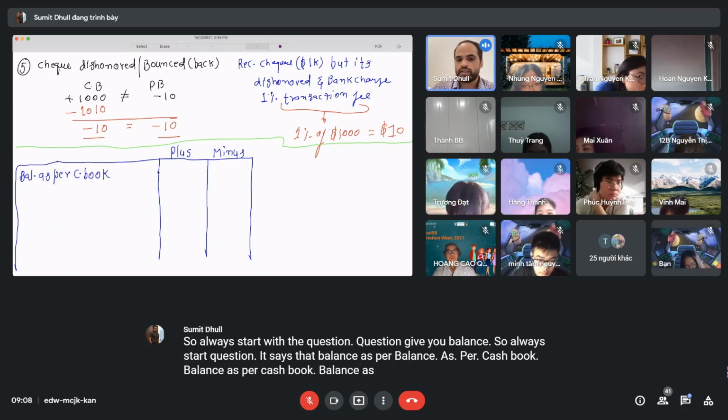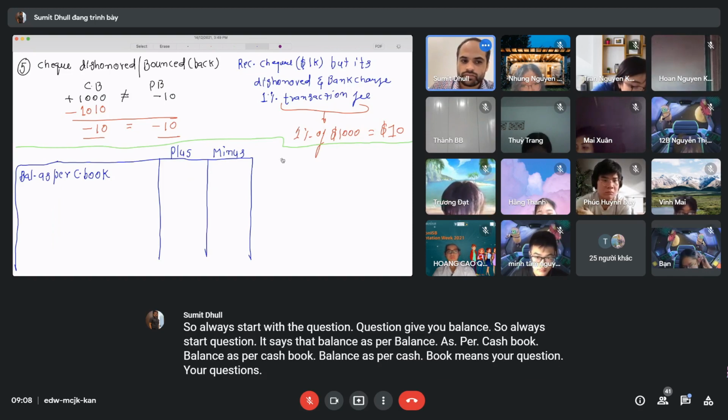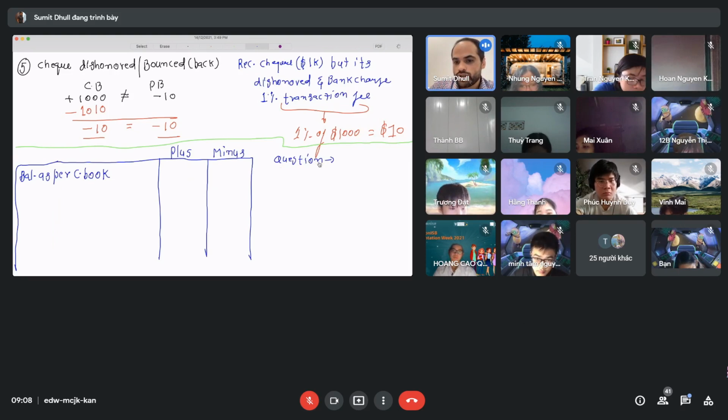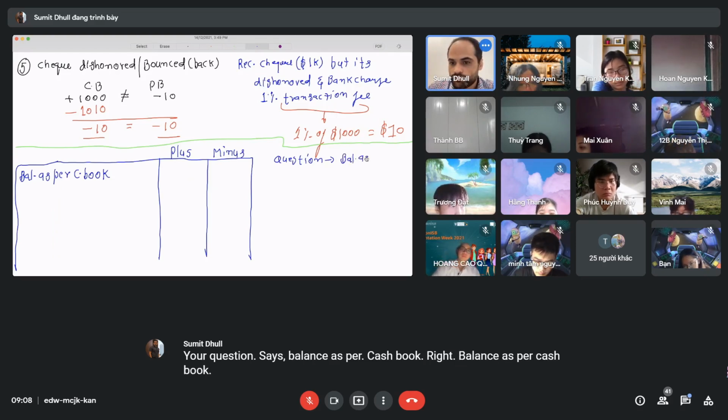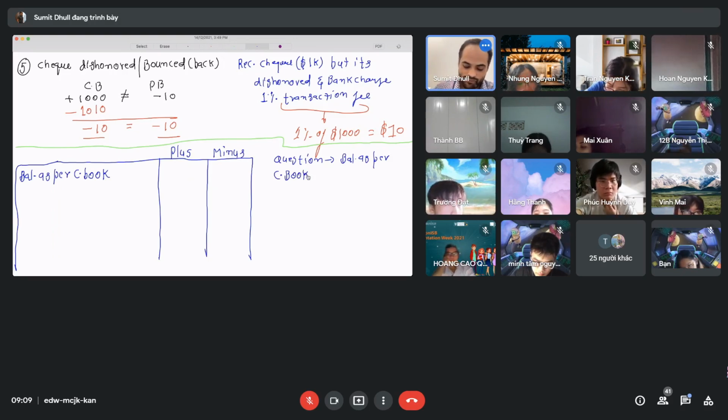Balance as per cash book means your question says balance as per cash book, right? Balance as per cash book.